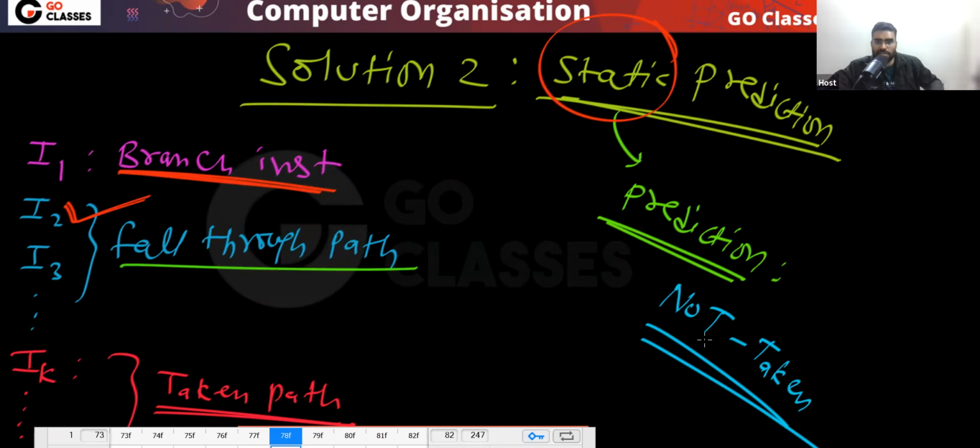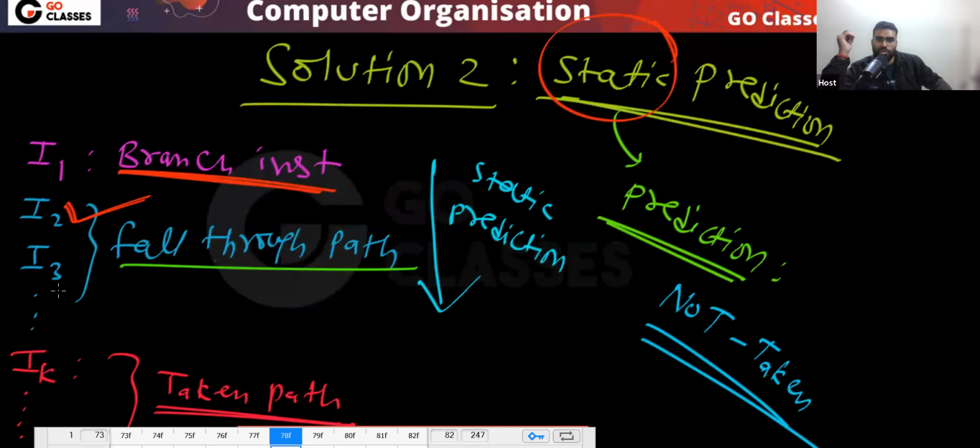For every branch instruction, you are assuming that the branch will not be taken. This is your static prediction.